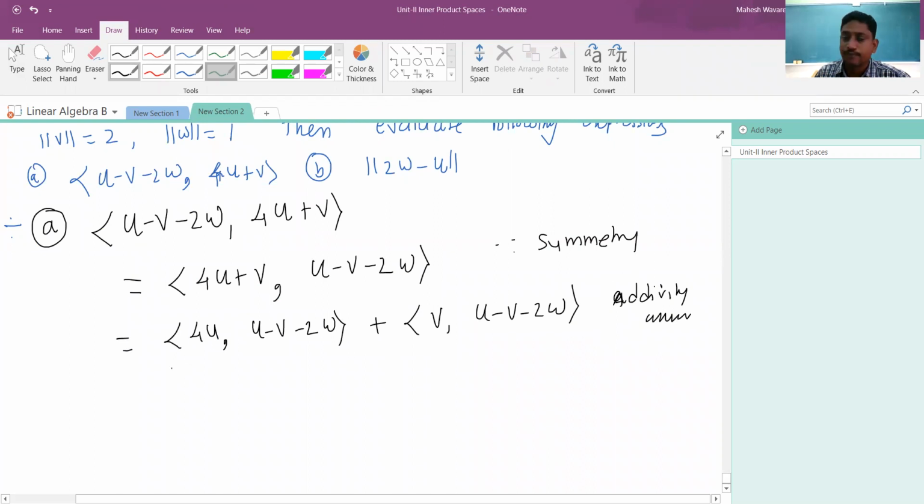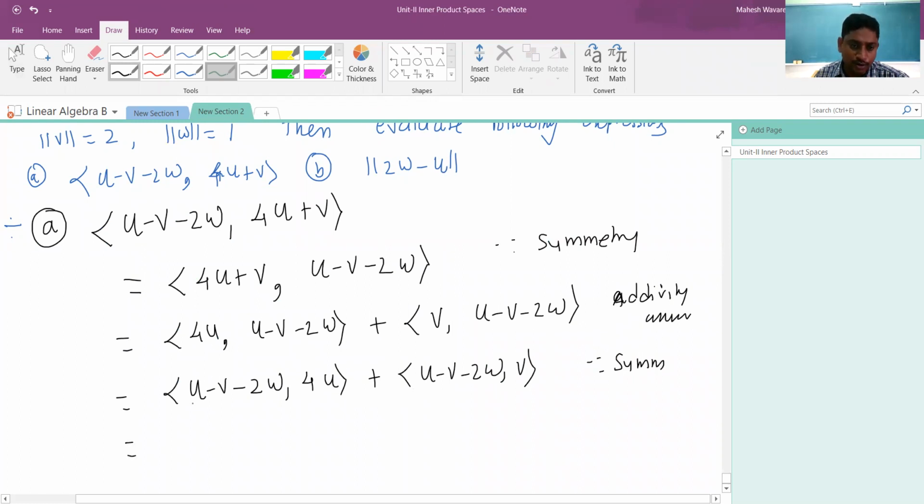Then once again you can apply the symmetry axiom, u minus v minus 2w with 4u, and similarly for v. Why did I write this? Because this is the symmetry axiom. And now once again you can apply the additivity axiom, the inner product for u minus v, inner product for u, like that.